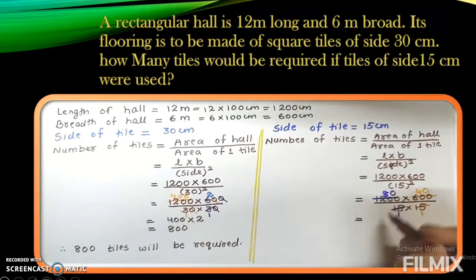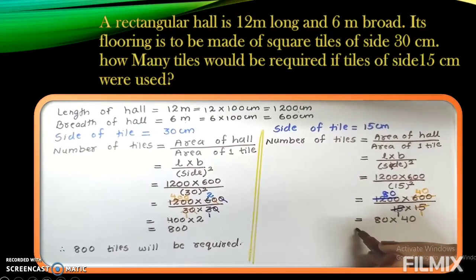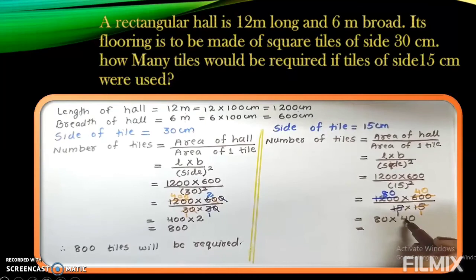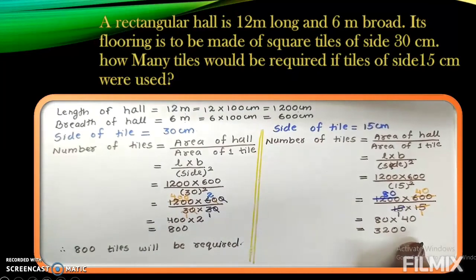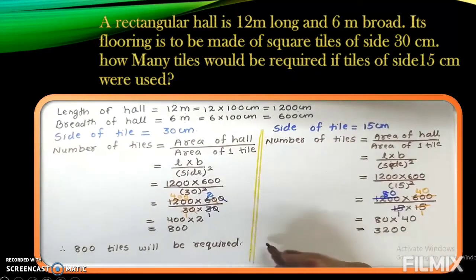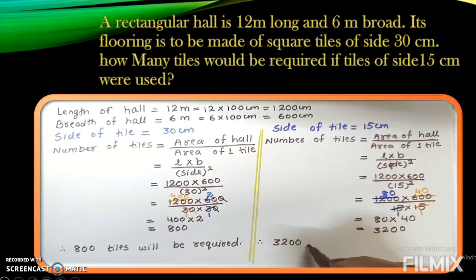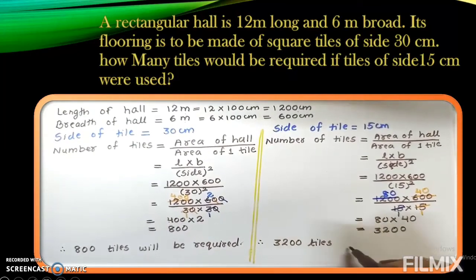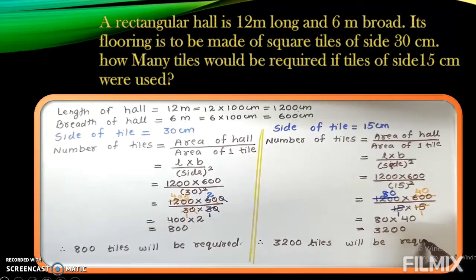So what we got is 80 multiplied by 40. Now multiply both the numbers. 8 4s are 32 and these 2 zeros. So the number of tiles are what? 3200. So in this case what we will write? Therefore 3200 tiles will be required.